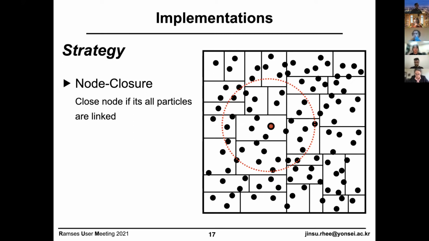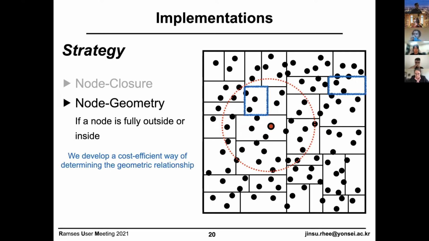For the particle here, after searching particles within the linking length, all particles in this node are connected to this particle, which means that we don't have to open this node any further. So we close this node so that it is no longer opened for other particles. This way, the KD tree gets shallower as we find FOF groups. Indeed, this scheme is already implemented in most other FOF-based codes.